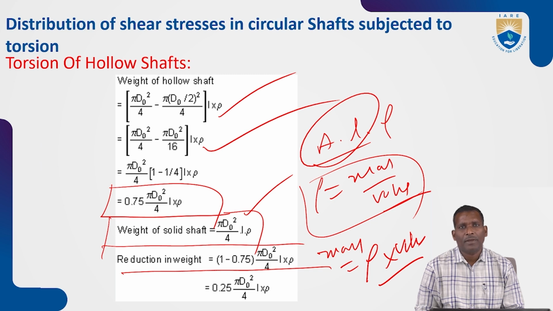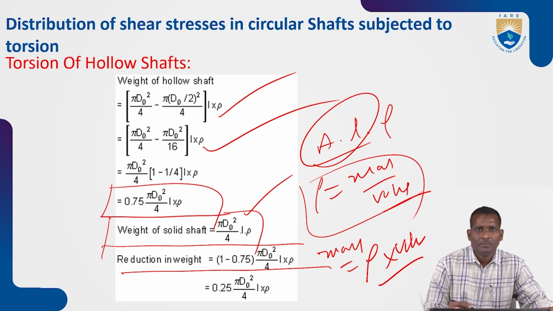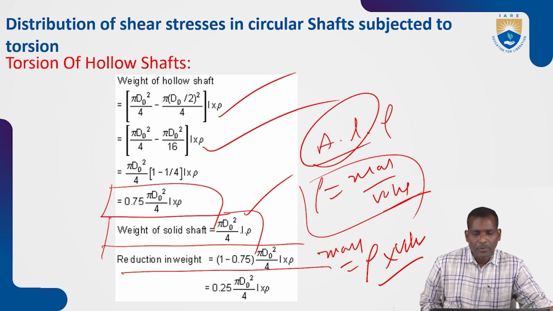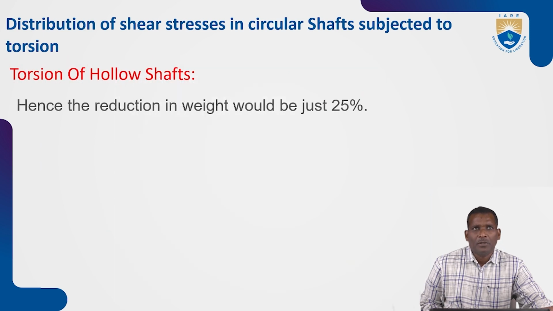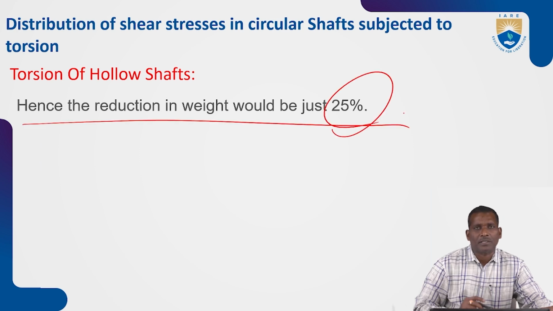So the reduction weight is, now subtract the weight of the solid shaft. You will get 0.25 into pi d naught square by 4 into L into rho. So hence the reduction weight would be just 25%.